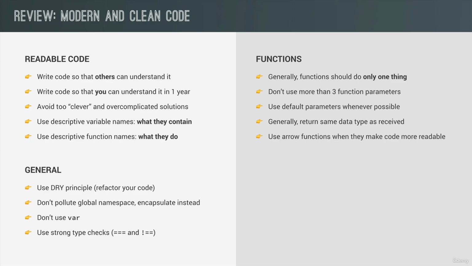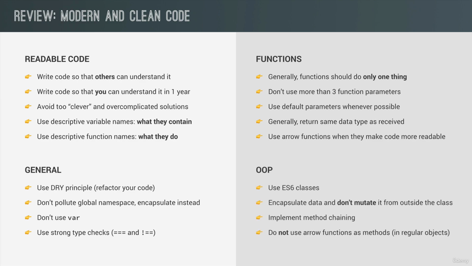And now, after functions, our next topic is object-oriented programming. In my opinion, in order to implement OOP in JavaScript, you should now use ES6 classes. And that's also what I did after our OOP section, right?